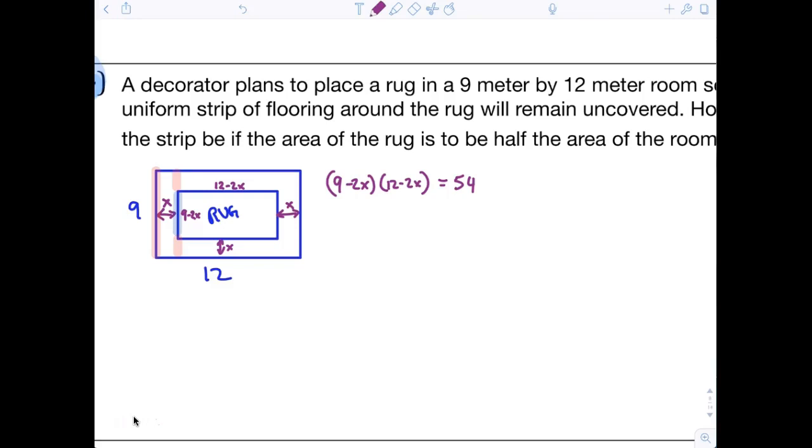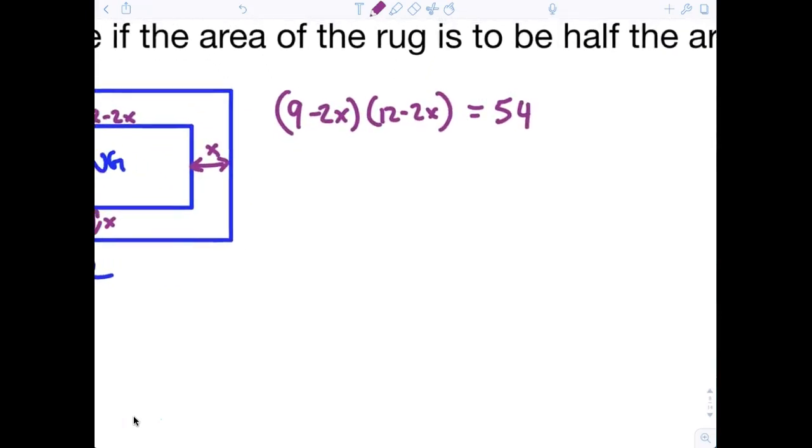So now it's just a matter of multiplying this out, and I need you to do it rather quickly. You should be able to look at that and say 9 times 12 is 108. Now the middle terms: negative 24x and negative 18x make negative 42x.